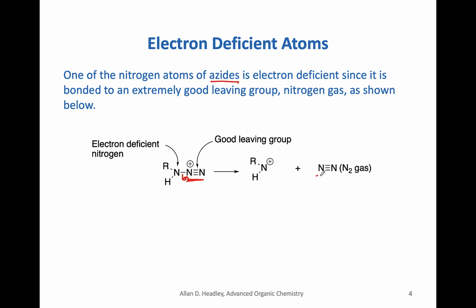So that is an extremely good leaving group. Number one, because it gives a neutral molecule, nitrogen. And number two, because it's a gas, so it's entropy favored. Once these electrons break, or there's a heterolytic cleavage of this bond, we have our electron deficient nitrogen.